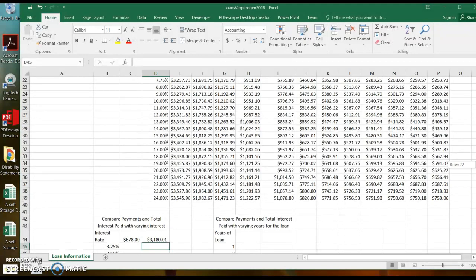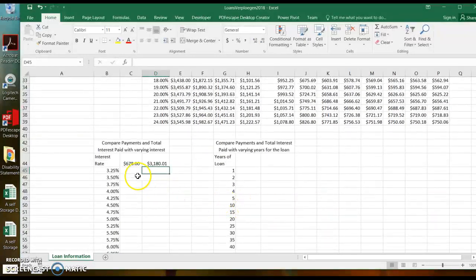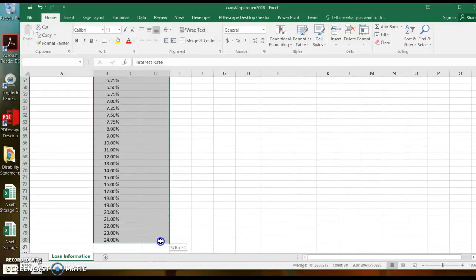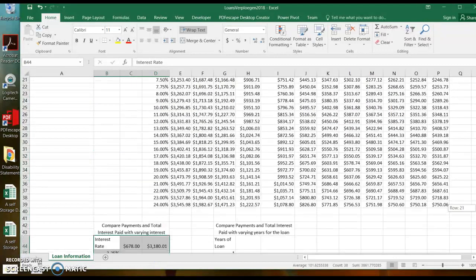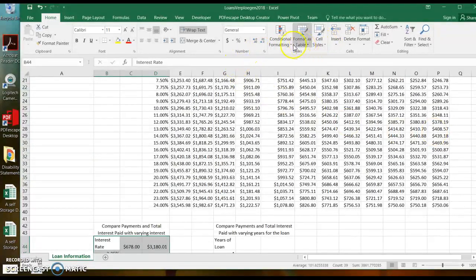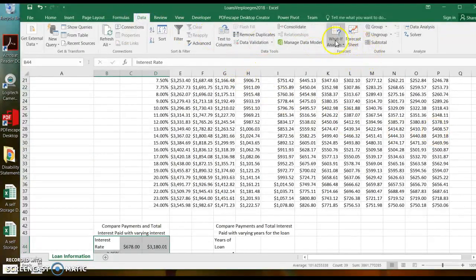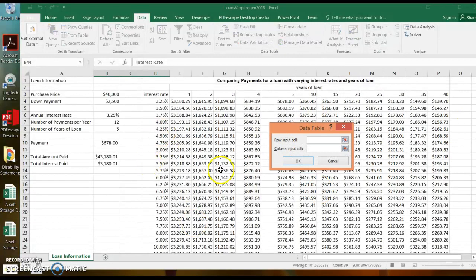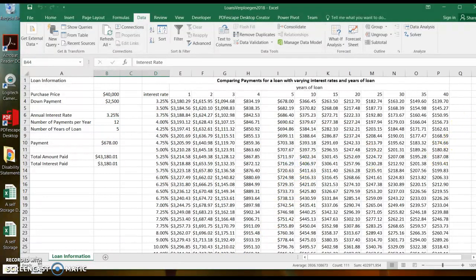And so then what we need to do up here is highlight all of this, because this is our new data table, and come up to our Data tab, What If Analysis, Data Table, and what's changing is that interest rate, and it's in a column. So we come down to the column and click on our 3.25% and say OK.